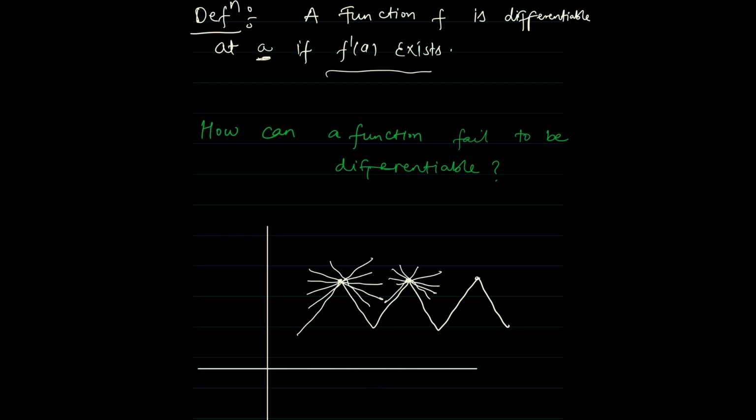But we know that the tangent at any point of a function is unique, while here there are infinitely many slopes. So we can say that at this point the function is not differentiable, because infinitely many tangents exist at that point.